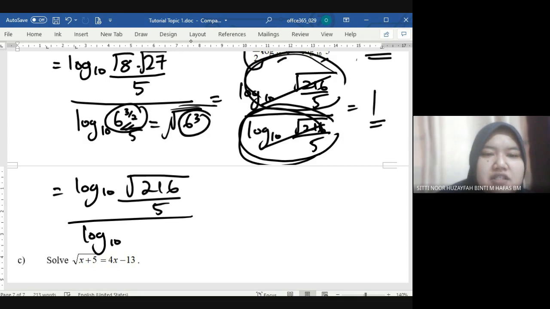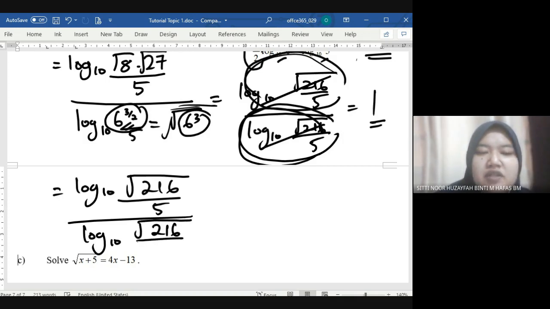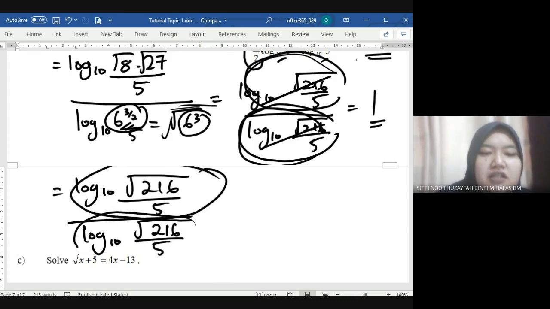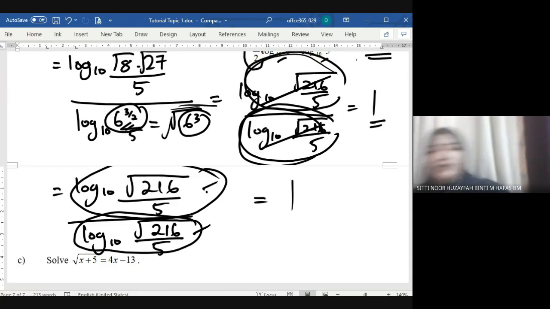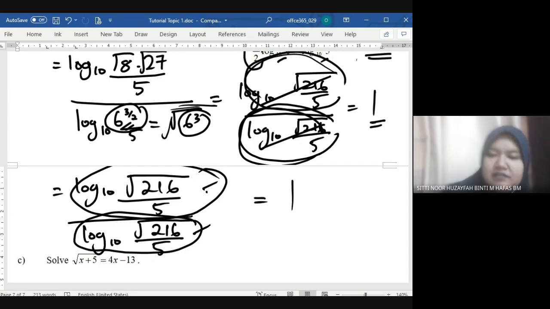This 6 to the power of 3 also equal to 216. So square root of 216 divided by 5. So the numerator and denominator have the same value inside. That's why this is the same, so it will be 1. Okay, benda yang sama.